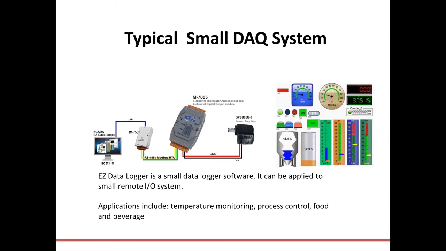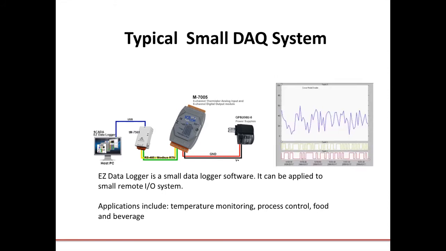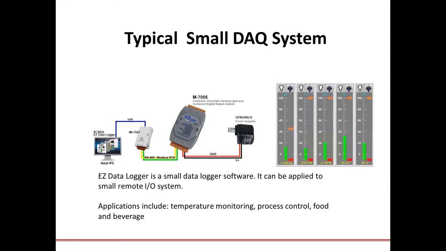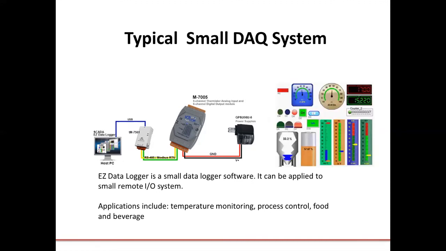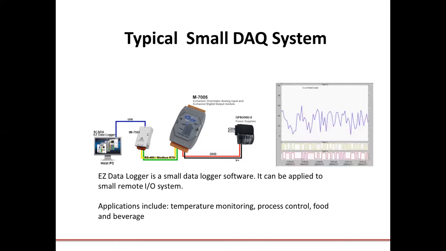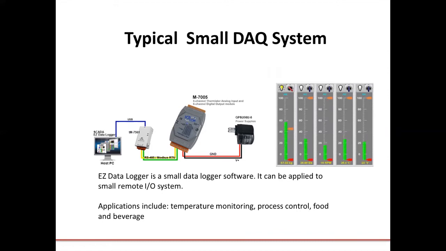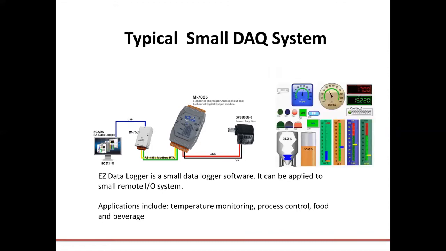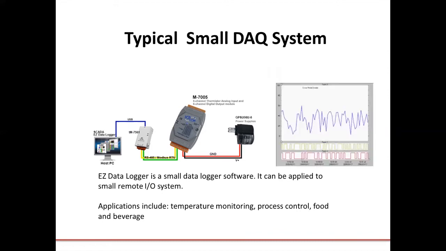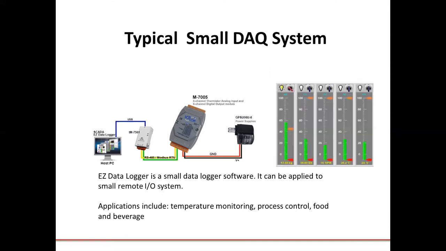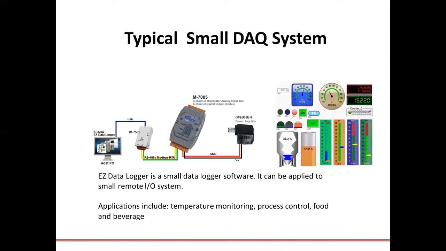Simple applications like temperature monitoring, process control, and some food and beverage applications can be achieved using our Easy Datalogger software, which is shown to the right. Easy Datalogger is a simple SCADA software. It can be used for data logging, of course. It can show a simple HMI like a trend curve and some buttons to control and monitor the solution, as well as send email alarms.